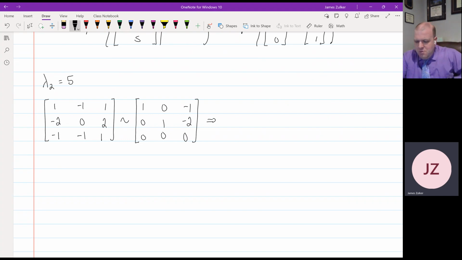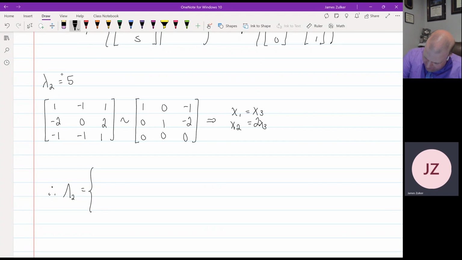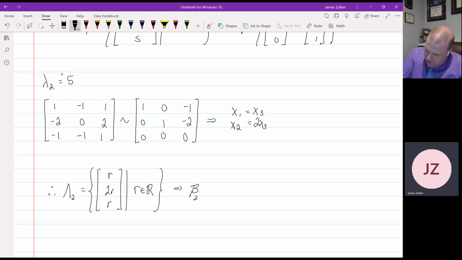This leads to x1 equal to x3, x2 equal to 2x3. So the eigenspace here is the set of all vectors of the form r, 2r, r, for any real number r. And so our basis is the set of the vector 1, 2, 1.